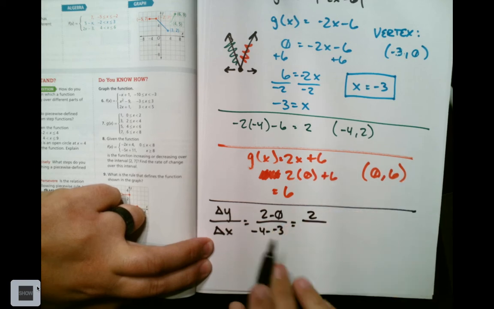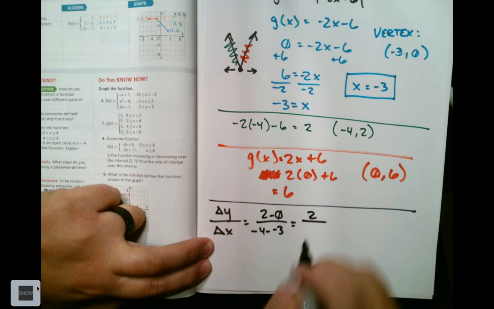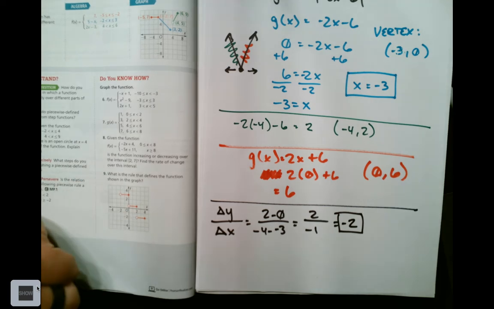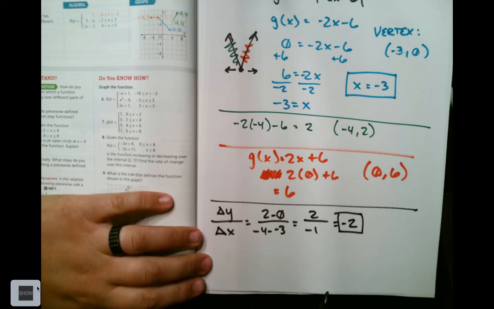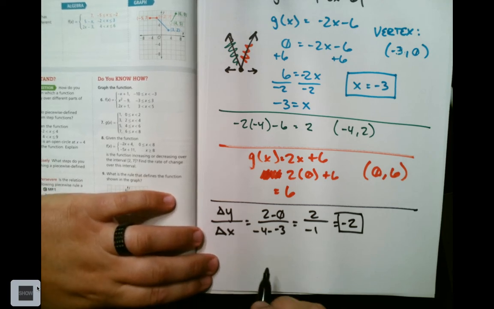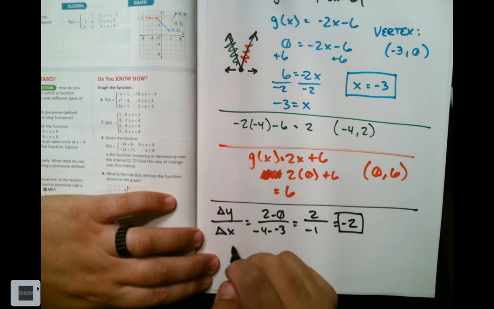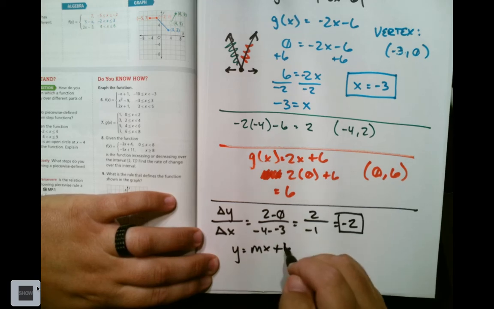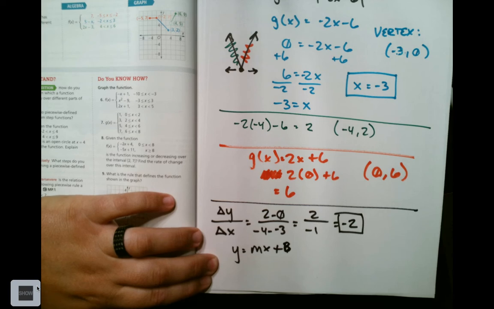My numerator is 2. Negative 4 minus negative 3 is negative 1. So I know my slope is going to be negative 2. Okay. Now that I know my slope, I can plug that into my equation. Remember, it's always y equals mx plus b. Right now, I know my m.